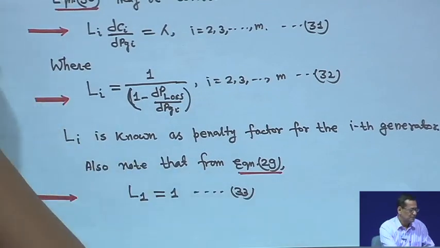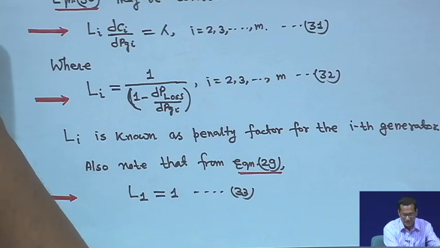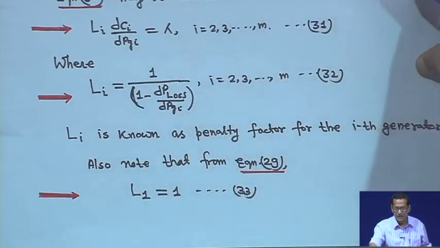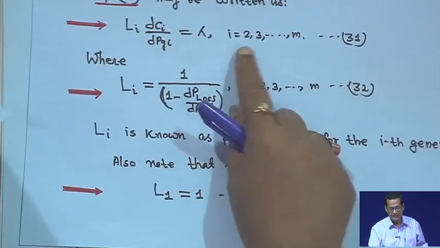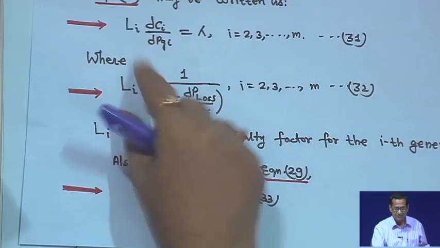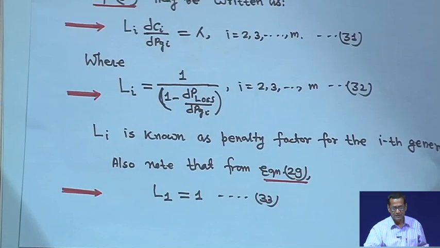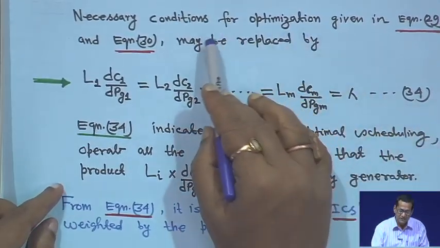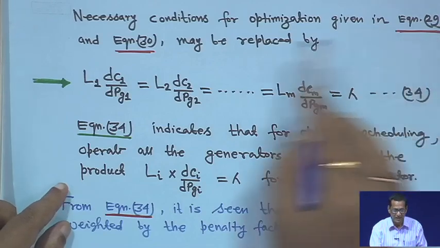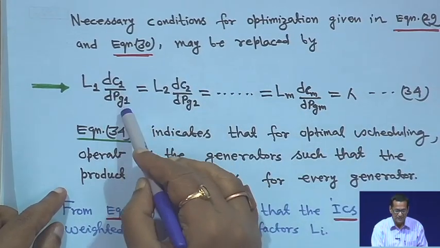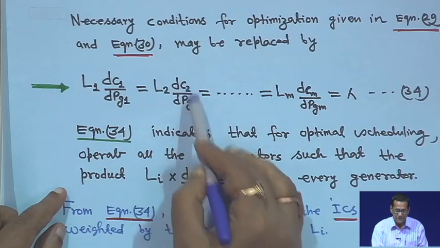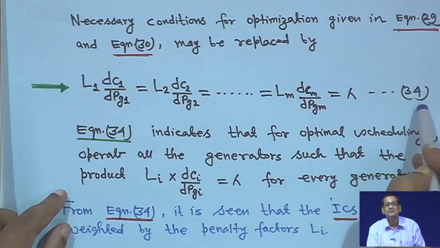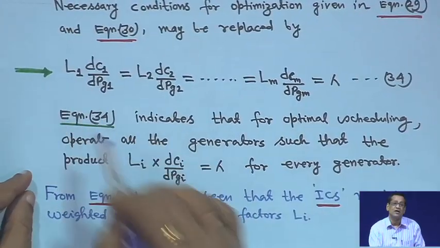So in general, if we include L1 also, with L1 equal to 1, then the necessary condition for optimization given in 29 and 30 is L1 dC1/dPg1 is equal to L2 dC2/dPg2, up to Lm dCm/dPgm, that is equal to lambda. This is equation 34.